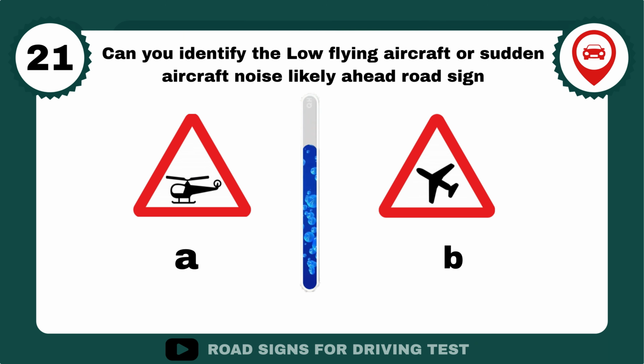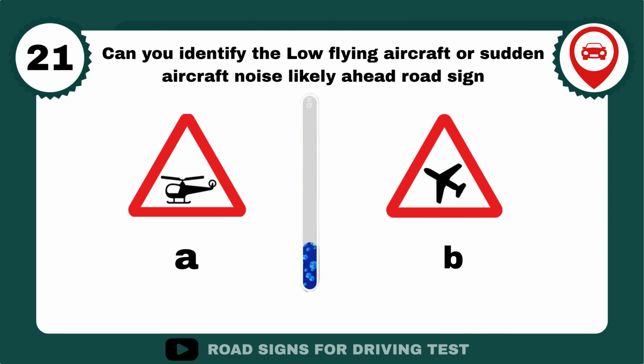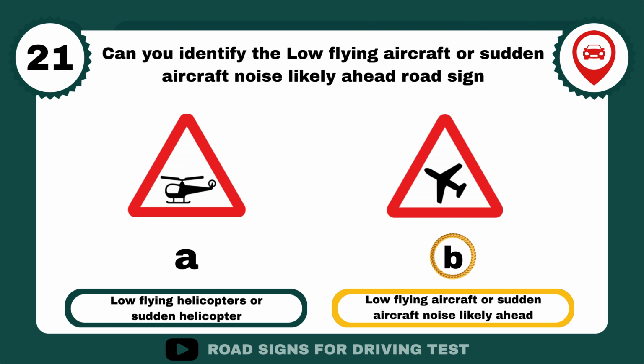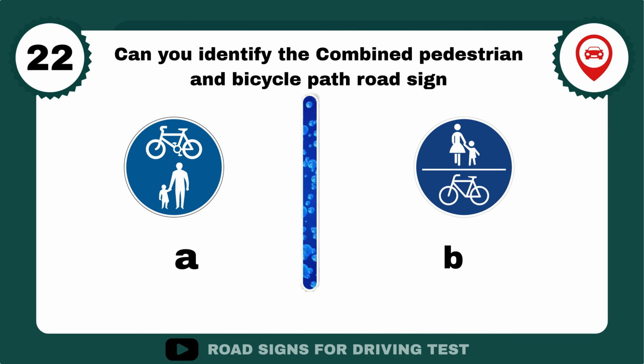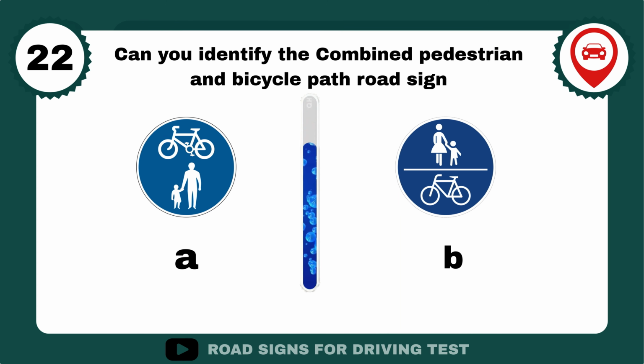Spot the warning for low-flying aircraft or sudden noise. What symbol shows a combined path for pedestrians and cyclists?